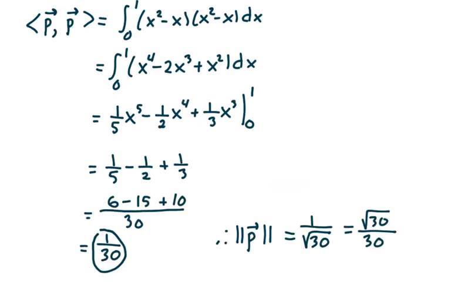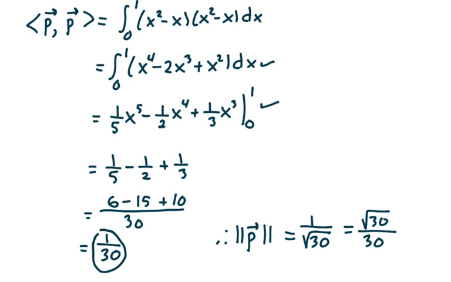The inner product of p and p is the integral from 0 to 1 of x squared minus x times x squared minus x dx. But that's the integral from 0 to 1 of x to the 4th minus 2x cubed plus x squared dx. But that's 1/5 x to the 5th minus 1/2 x to the 4th plus 1/3 x cubed, evaluated from 0 to 1.